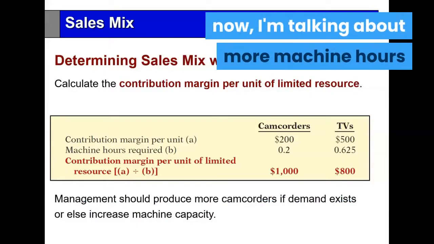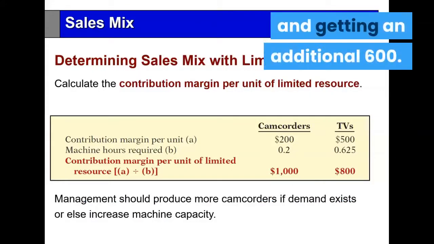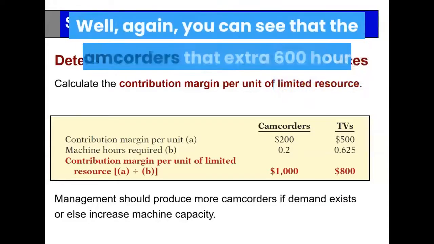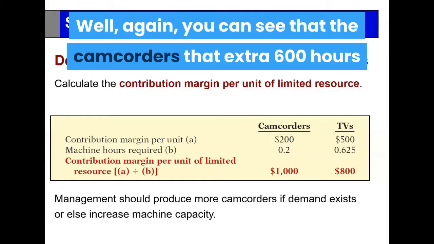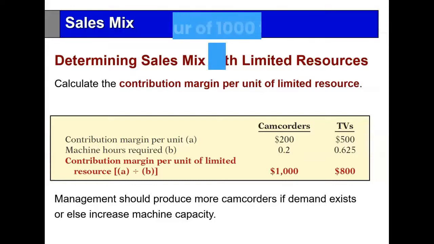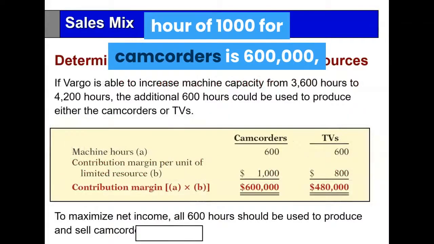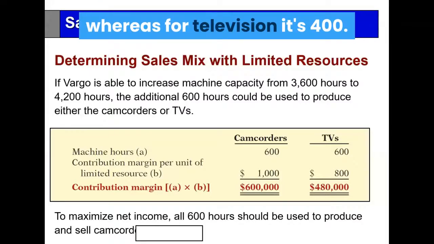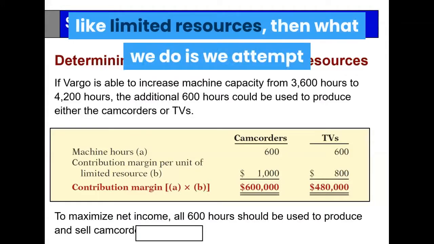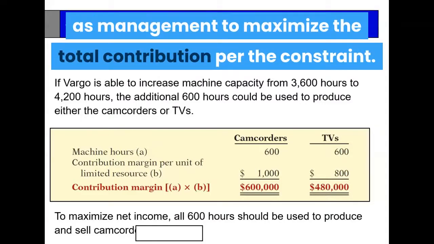So you can see there that management, if they have a choice, would produce, if they could sell it, the camcorder. Because if the demand exists, then you maximize the contribution margin per the limited resource, or per the constraint. So if Vargo is able to increase machine capacity to 3,600, now I'm talking about more machine hours and getting an additional 600 that could be used to produce either camcorders or televisions.